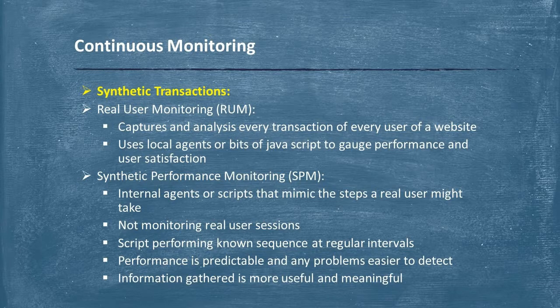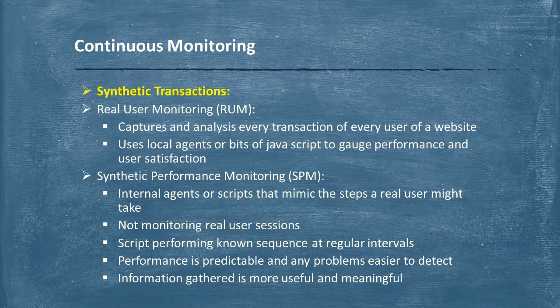Now real user monitoring, that is RUM, captures and analyzes every transaction of every user of a website. It uses local agents or JavaScript to gauge the performance and the user satisfaction. Synthetic performance monitoring uses internal agents or scripts that mimic the steps of a real user.